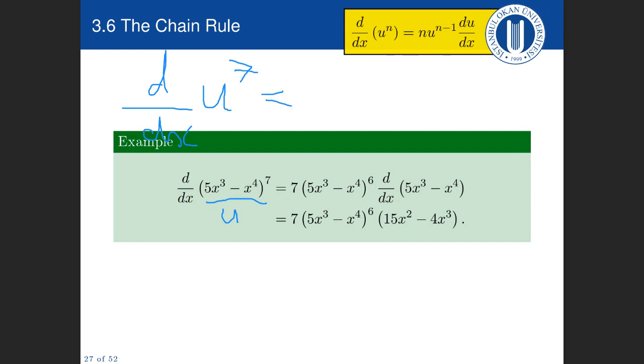And I'm going to use the formula in the yellow box at the top, which is a version of the chain rule. This is a chain rule for powers of functions. This says the derivative of u to the power n is n. Well, for us, n is 7, so we can write 7. And then we have u to the power n minus 1. For us, n is 7, so n minus 1 is 6. So that's u to the power 6 multiplied by du/dx.